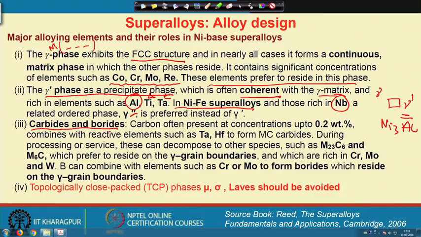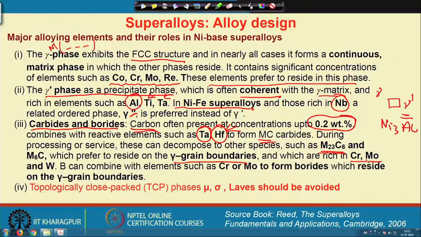Here, to form MC type carbide, tantalum and hafnium are used, and 0.2% carbon is added which will form the carbide along with these elements. However, M23C6 type carbides are also formed at the grain boundaries of the gamma phase.